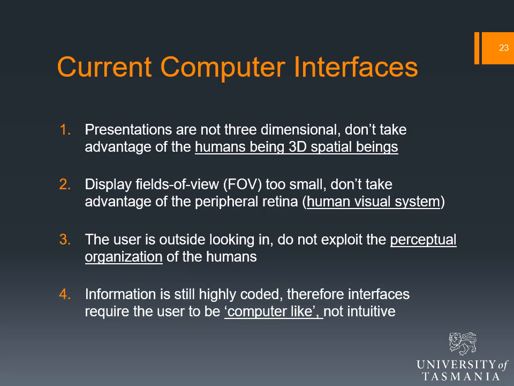Number 3 is described as outside looking in. Think about the metaphor, the same example I used earlier, of people looking at the monitor: you're outside looking in. You're not actually exploring the perceptual organization of humans. For example, imagine a working desk that you have at home, at your apartment.